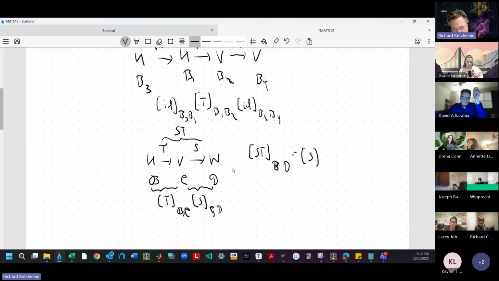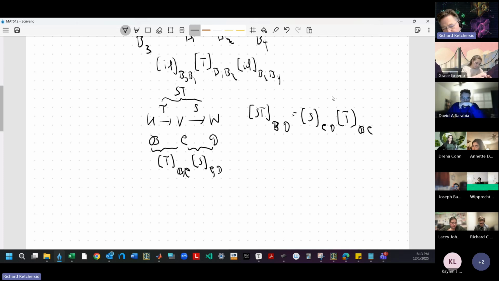S goes from C to D, yep, that's right. This S is going from C to D, and then T is going here from B to C. So that's sort of the way these work.